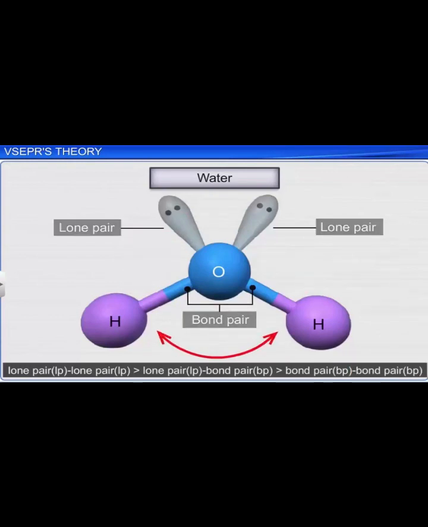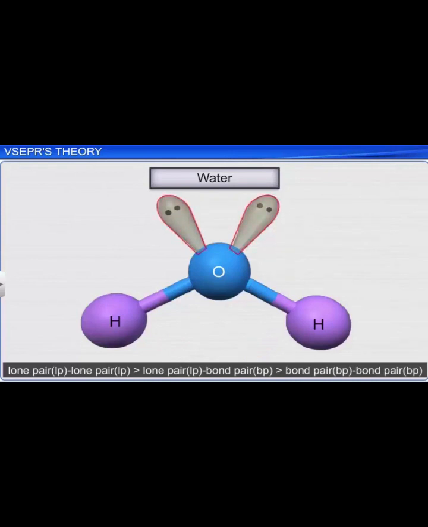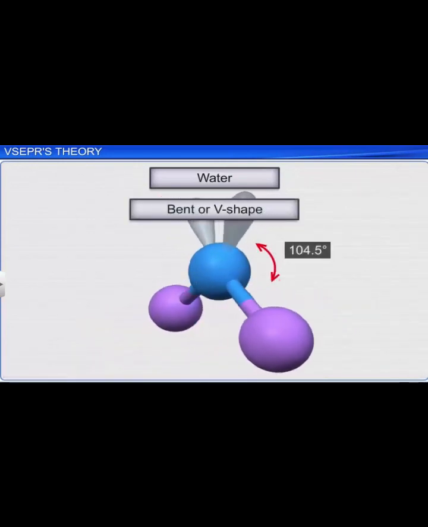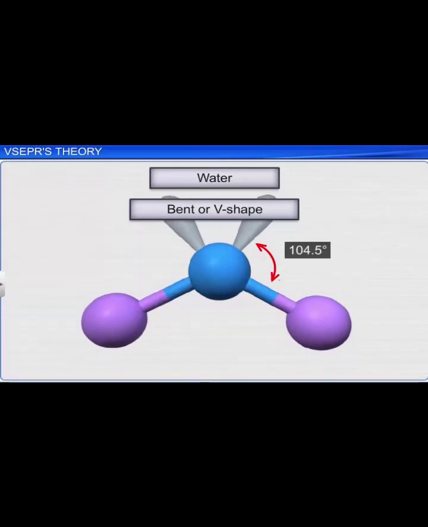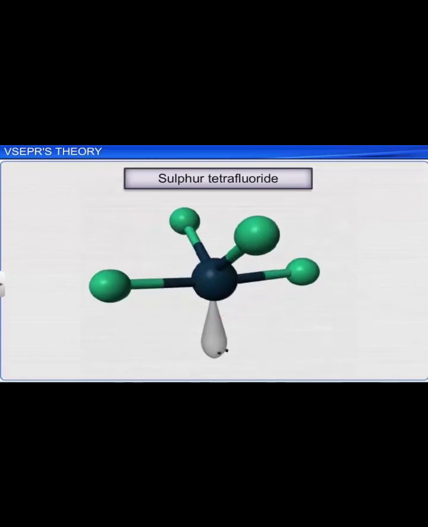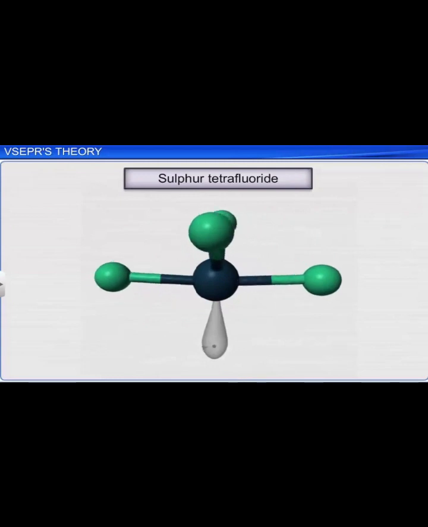Thus, the 2 lone pairs on the central oxygen atom make the molecule distort from its regular geometry to a bent or V-shape, making a bond angle of 104.5 degrees. A sulfur tetrafluoride molecule is seesaw-shaped as its bond angles are 101 and 173 degrees, due to the lone pair of electrons present on its central atom.